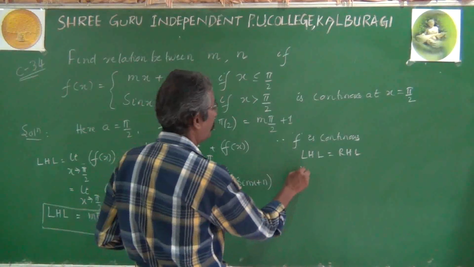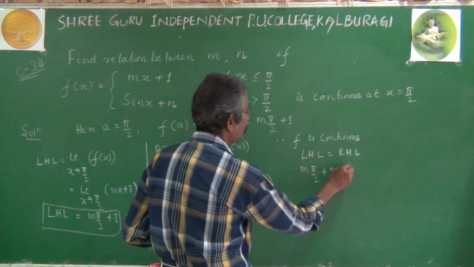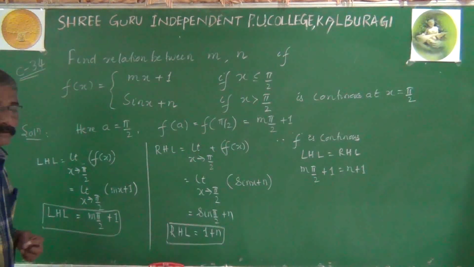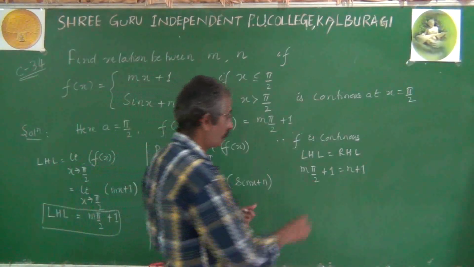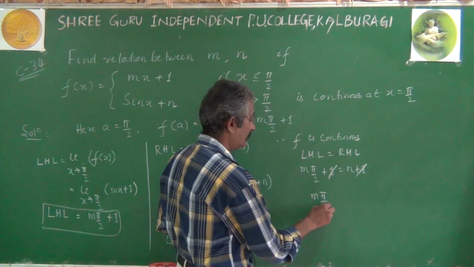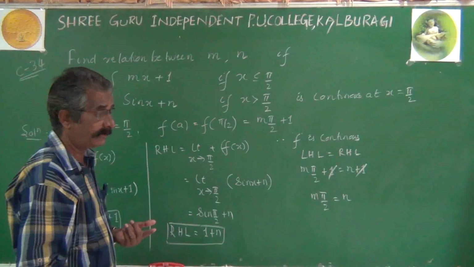LHL value is m pi by 2 plus 1. RHL value is n plus 1. Now in the process 1 will cancel out. So m pi by 2 equals n. This itself is a possible relation between m and n.